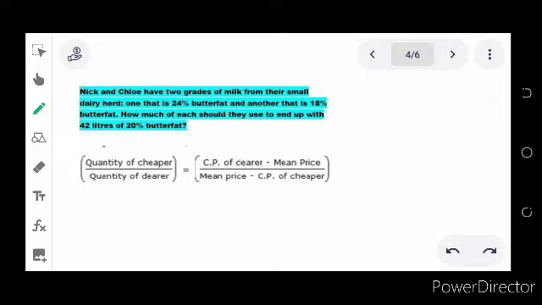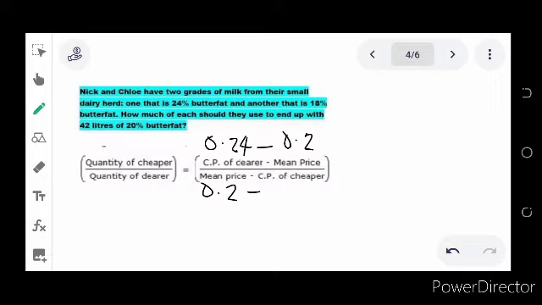So cost price of the dearer, that means this is the one with the higher percentage. So that's 24. So this gives you 0.24 minus the mean price, which is the percentage of the mixture. The mixture is 0.20, so this is 0.2. And then mean price is again 0.2 minus the cost price of the cheaper.